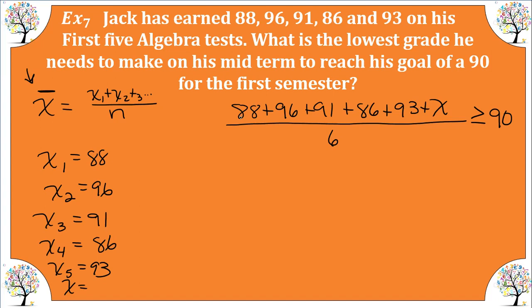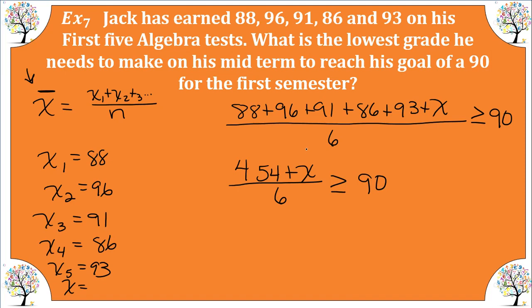So now we need to add up these grades, and in this unit we can use a calculator. So I'm going to add these up. 88 plus 96 plus 91 plus 86 plus 93 gives me a total of, so I'm just going to bring this down, plus the next test grade, all divided by 6, is greater or equal to 90.